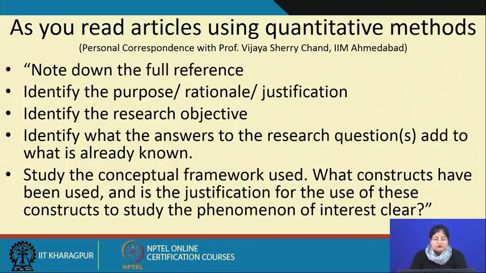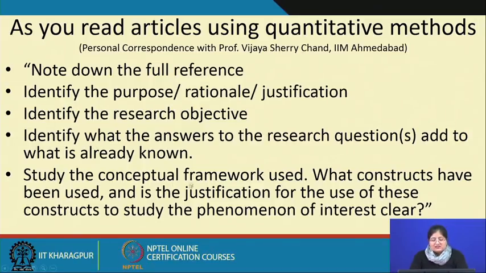So you identify what the answers to each of the research questions were and how they added value to what was already known. Research is about creating value. Research is about adding to the existing knowledge base. So what did they find out that was not already known earlier?